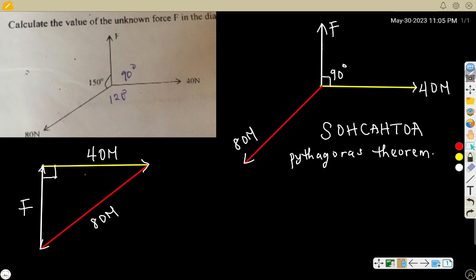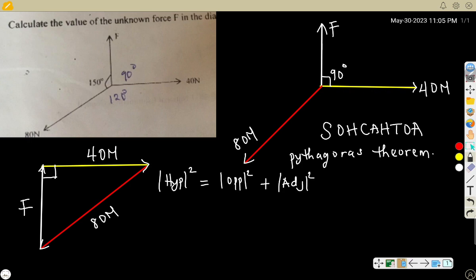Since there is no angle in this right angle triangle, I'll just use Pythagoras theorem. If there is an angle inside and you know one side, then you use SOHCAHTOA. So I'm using Pythagoras now. Pythagoras theorem is hypotenuse squared equals opposite squared plus adjacent squared.